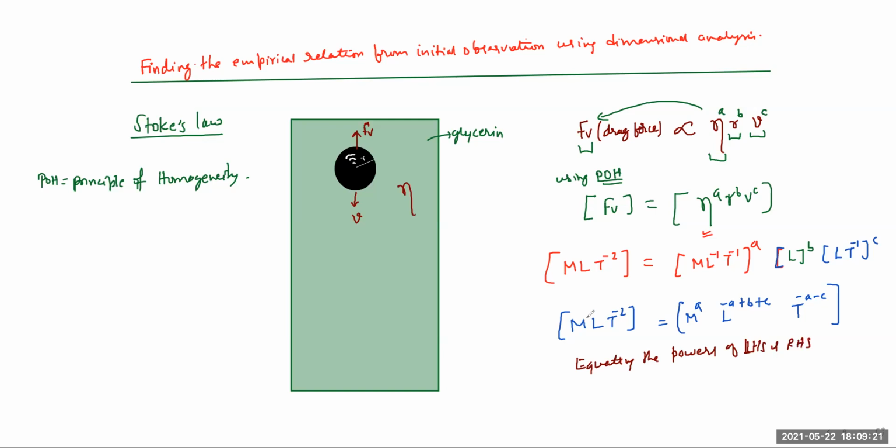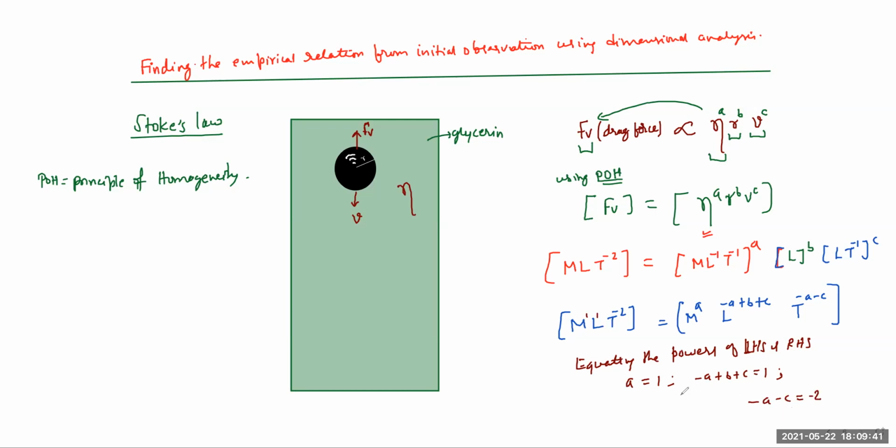What can we write, guys? If you compare the powers, I can write a equals 1. Then I can compare minus a plus b plus c equals 1, and then I can compare minus a minus c equals minus 2.